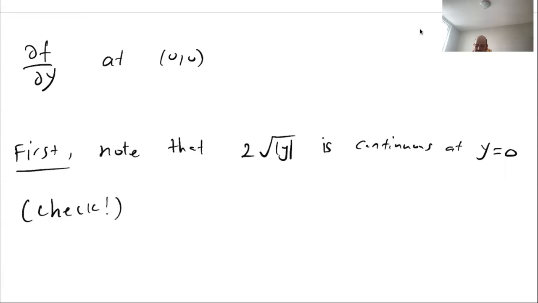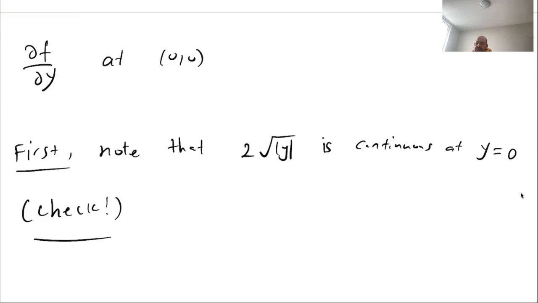Basically, the idea is that absolute value y is continuous at y equals 0. Instead of x, we are using y, doesn't matter, right? So in Math 113, you saw that absolute value x is continuous at x equals 0. Similarly, absolute value y is continuous at y equals 0. And root x is also continuous everywhere on its domain.